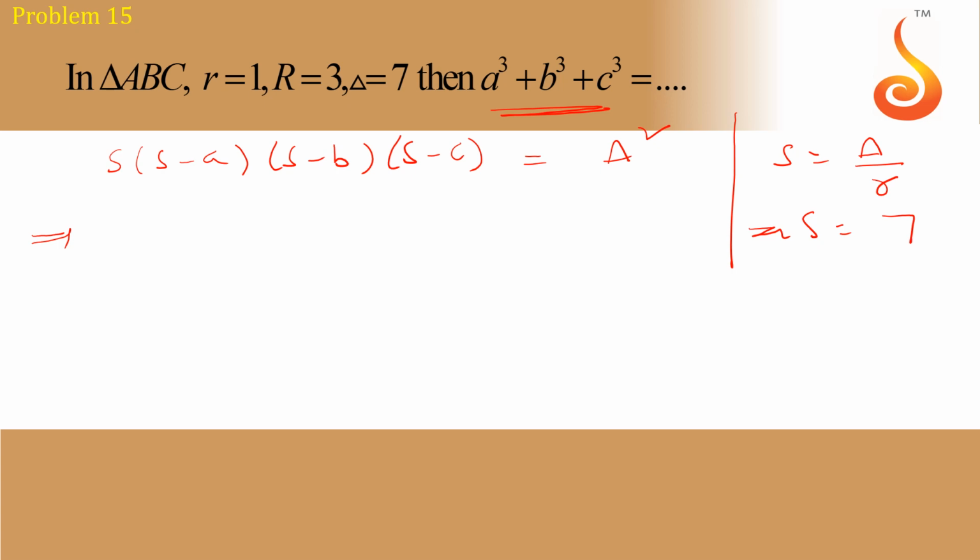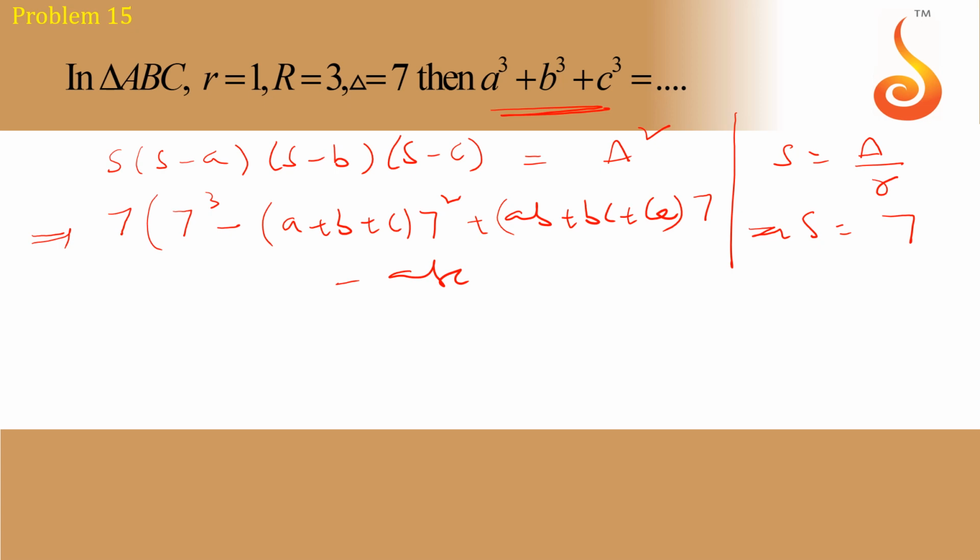So I can say that 7 into 7 cube minus (a plus b plus c) into 7 square plus (ab plus bc plus ca) into 7 minus abc, because it's a cubic equation, no? And delta square is 49. So please observe, is it correct or not?